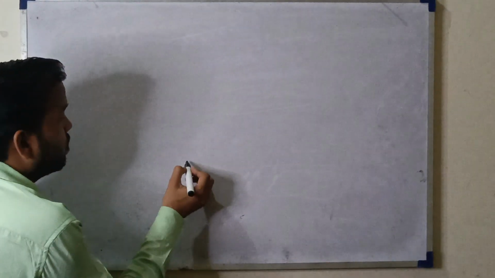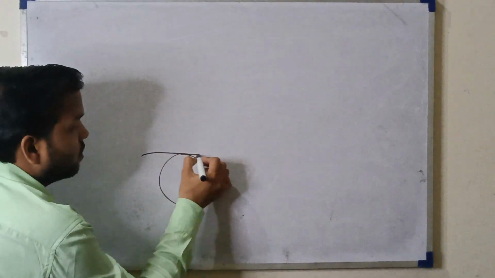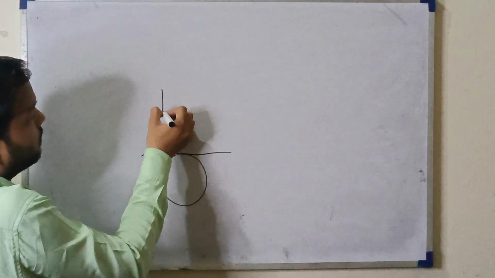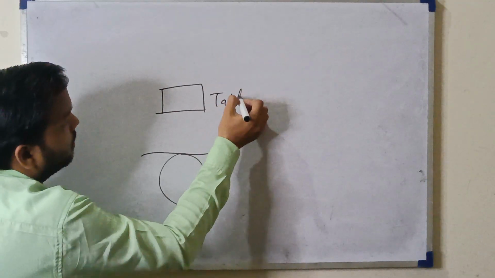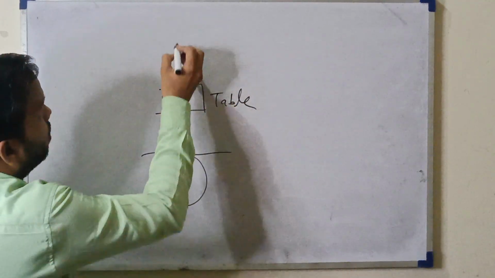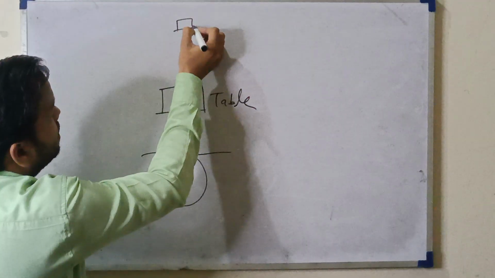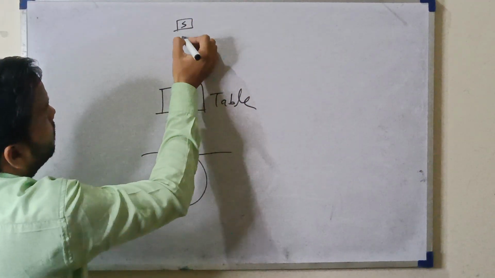Understand it? Suppose there is the earth surface, and there is a table, and an object of 5 kg mass is present here.